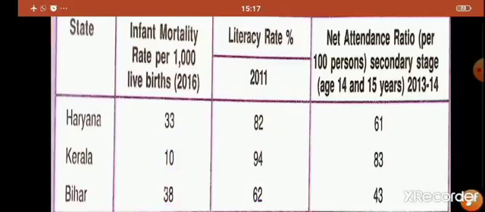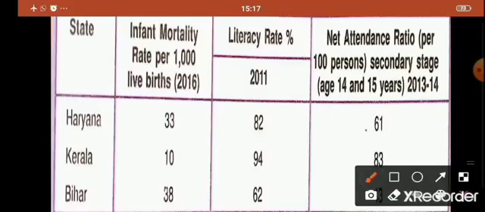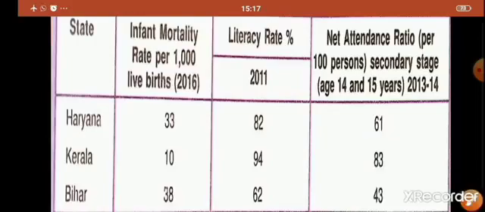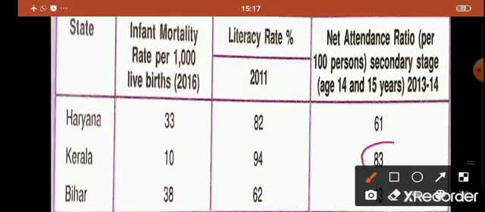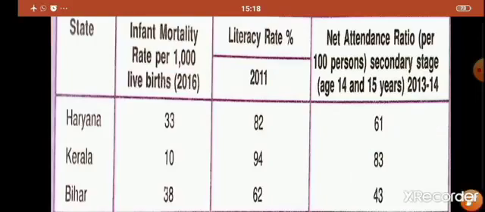Now let us see the net attendance ratio. The net attendance ratio of Haryana for the year 2013-14 was 61, Kerala 83 and Bihar 43. Again Kerala ranks first because its net attendance ratio was 83 for the year 2013-14. I hope you all have understood.